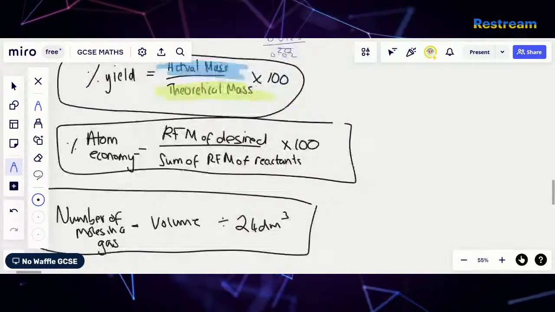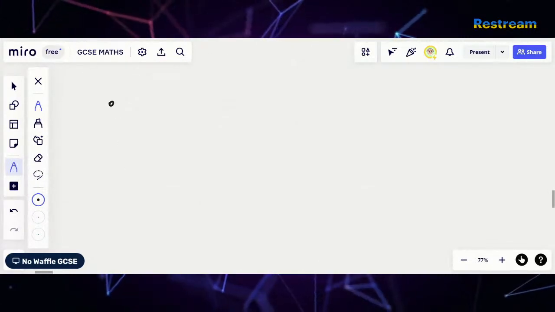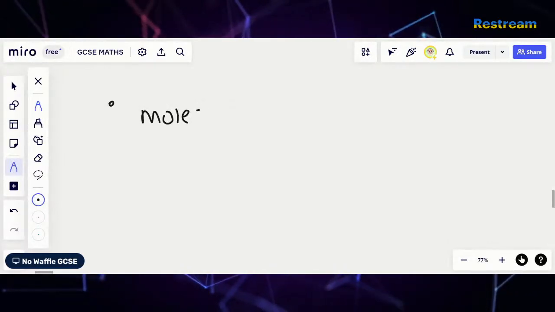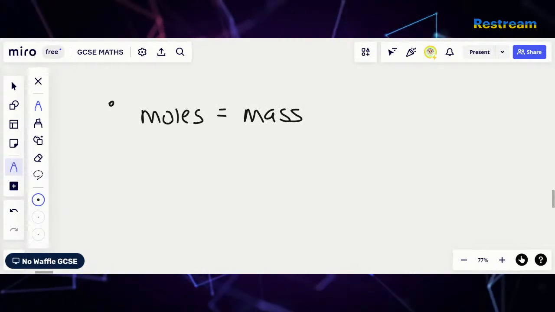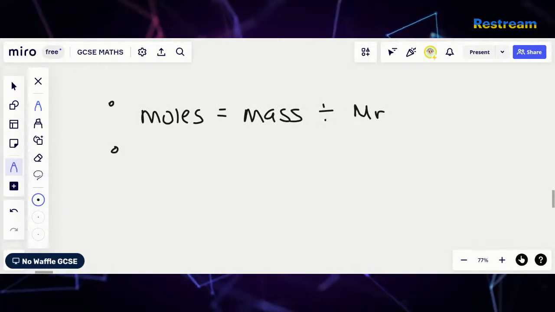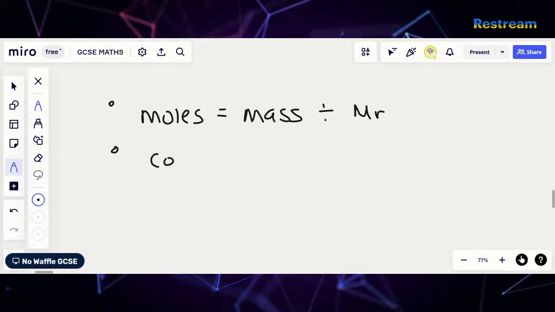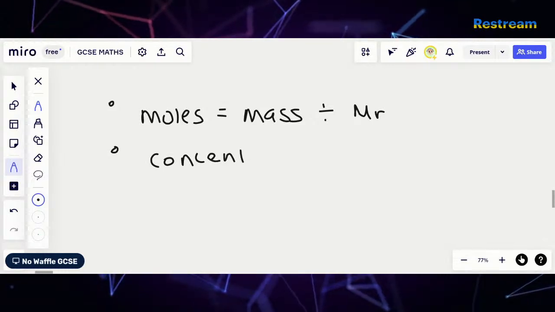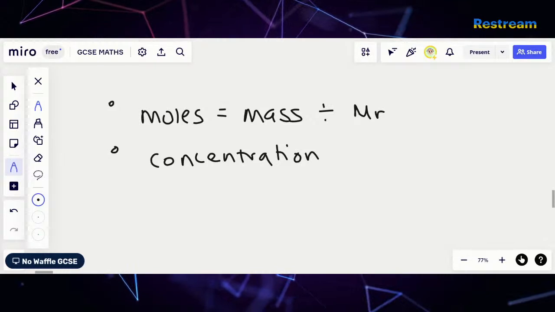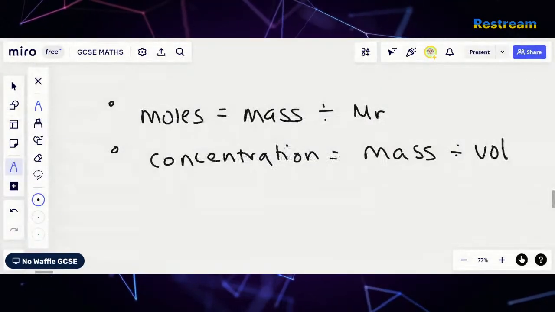So if you want to just go over it one more time, go over all of the equations we have looked at today. So moles is equal to mass divided by Mr. We have got concentration is mass divided by volume.